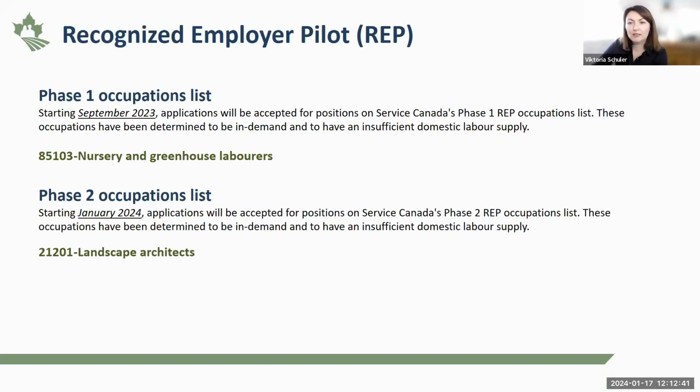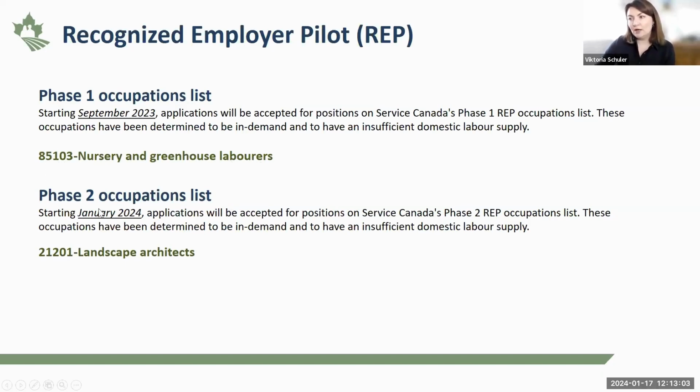The pilot is rolled out in 2 phases. Phase 1 in September 2023 is starting mostly with primary agriculture. So for landscape and nursery, it's now called 85103, nursery and greenhouse labourers, which means this occupation is eligible.